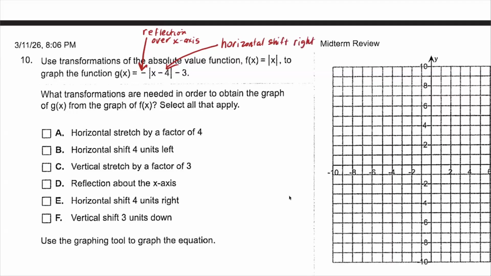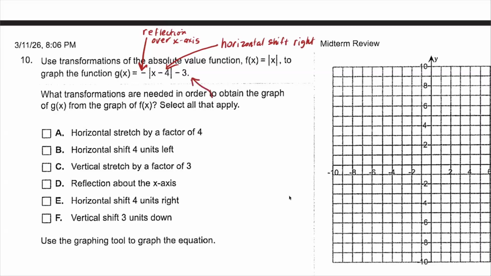Your brain looks at that x - 4 and you think, oh, I should go left, because minus means go left. Well, inside the function, it does the opposite of what you think it is supposed to do. So x - 4 means a horizontal shift, but it means a horizontal shift to the right, not to the left.